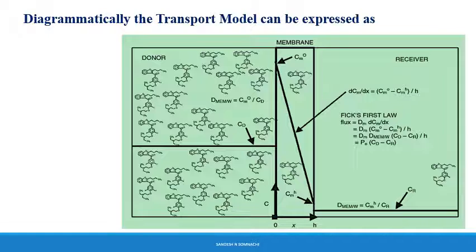CM0 and CMH are the concentrations of drug in the membrane. CM0 is the concentration towards the donor chamber, while CMH is the concentration of drug in the membrane towards the receptor or the acceptor chamber.